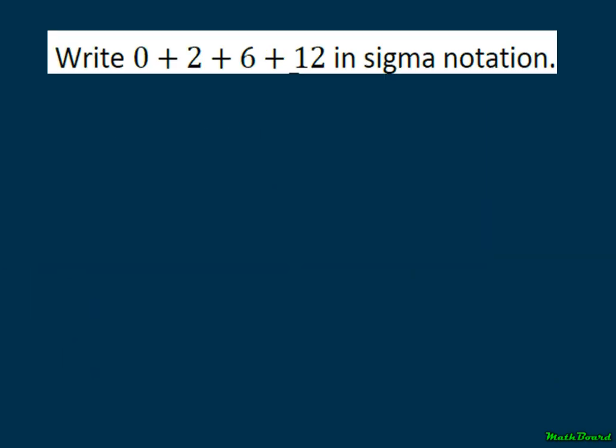So write 0 plus 2 plus 6 plus 12 in sigma notation. So we use the concept of quadratic, because the differences are 2, 4, 6, and the second difference is 2.